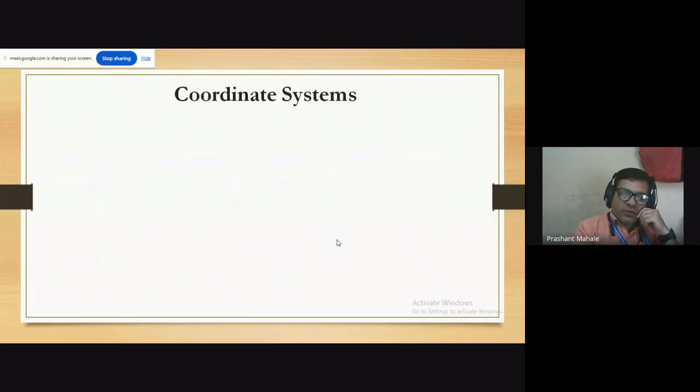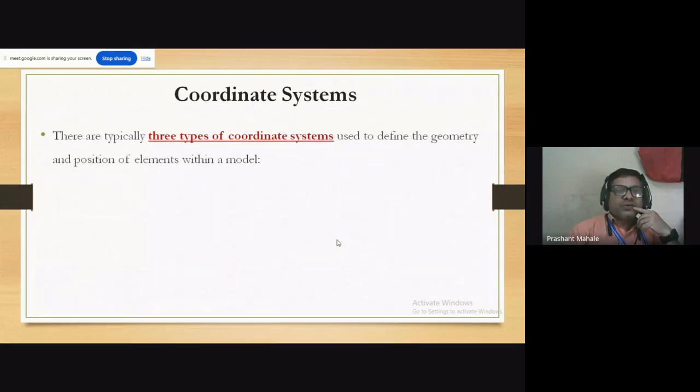Here we are going to discuss coordinate systems because we are going to make a model inside ANSYS. We must have some coordinate system associated with that. Typically, there are three coordinate systems that we are going to use. One is the global coordinate system.